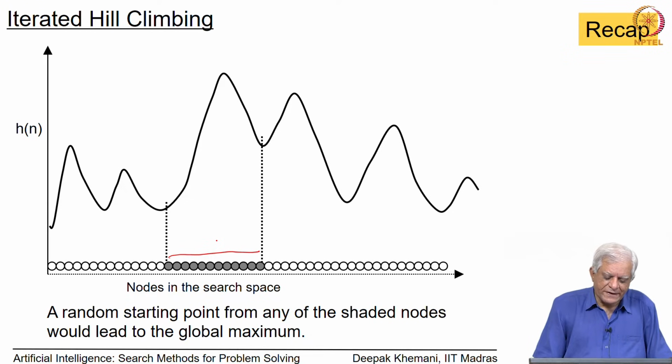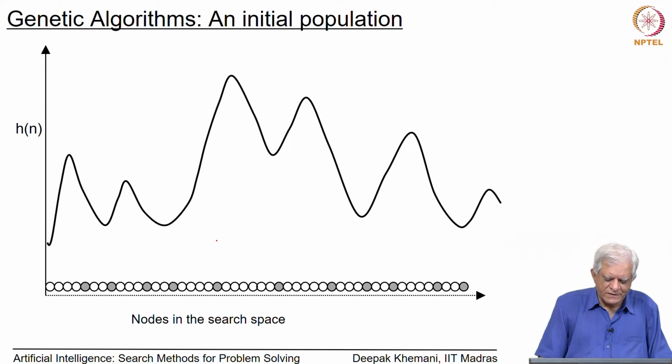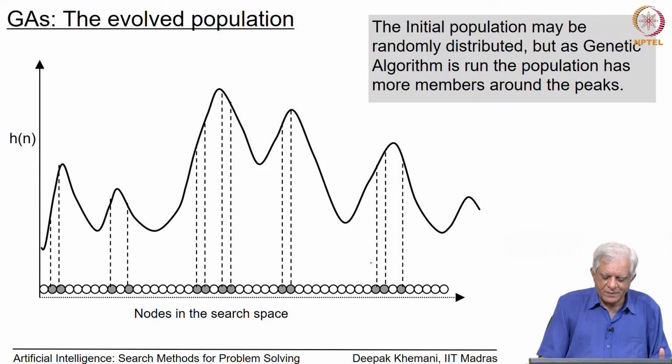Now, on a similar terrain, with genetic algorithms, we again start off with a random set of populations depicted by the shaded circles at the bottom here. For example, this one, and we go through a process of selection and crossover repeatedly with an occasional mutation thrown in for the sake of completeness. Eventually, what we find experimentally is that the populations tend to get clustered around the local maxima.